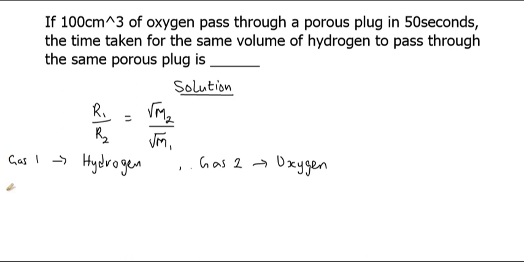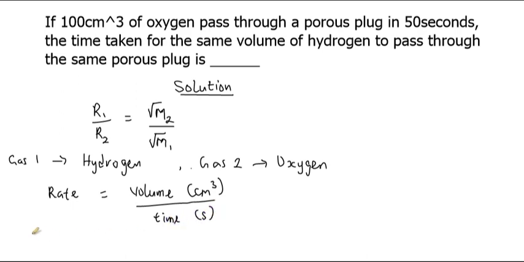Now the next thing to do is to write out the values, or let me refer to that as the data, we'll be working with in attempting this question. Before anything, R here means rate, and the formula for calculating the rate of diffusion of the gas is given as volume in cm³ divided by time in seconds.